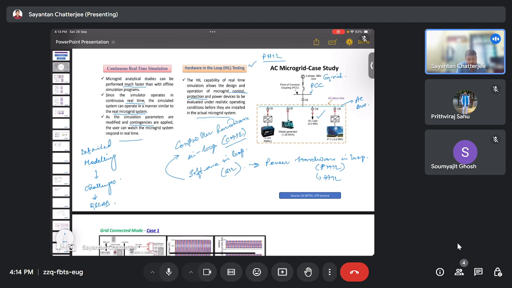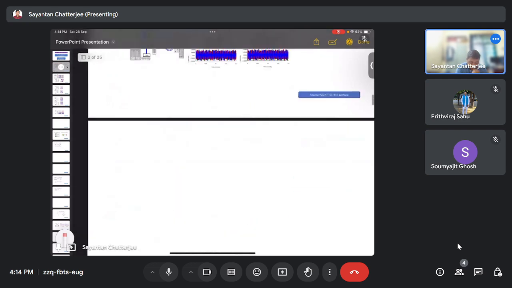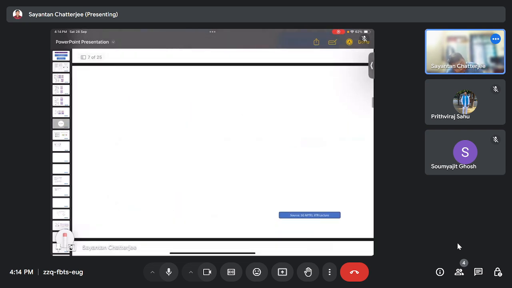And whenever we are in excess of power, sometimes we need to deal with it. As we are all familiar with the duck curve, day by day we are moving on with renewable integration, trying to implement more and more renewables. So we have a morning peak and an evening peak.